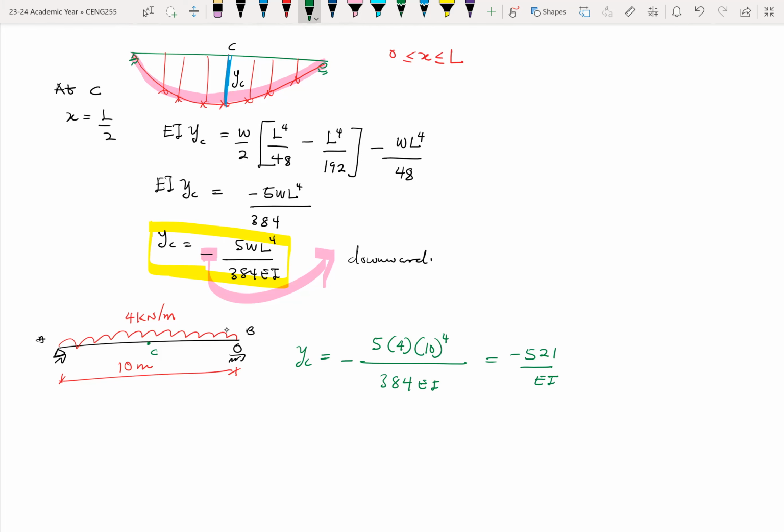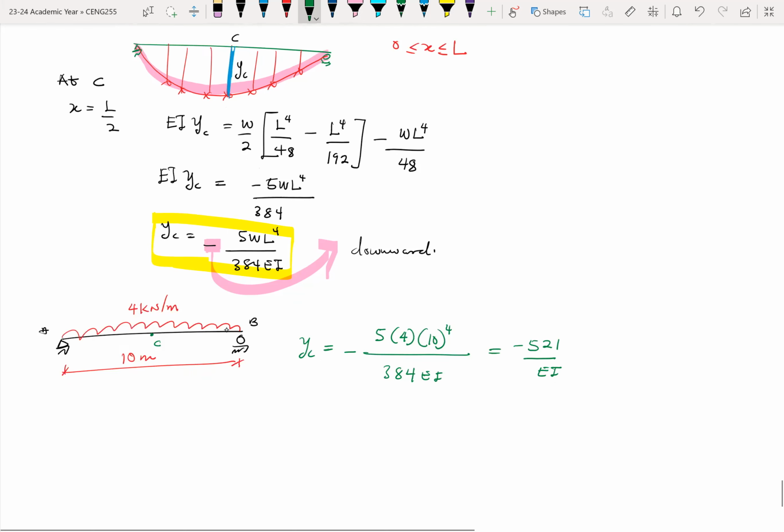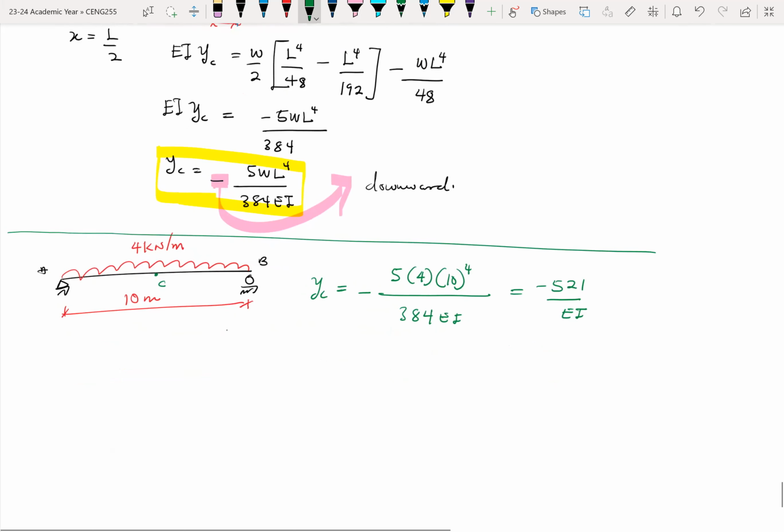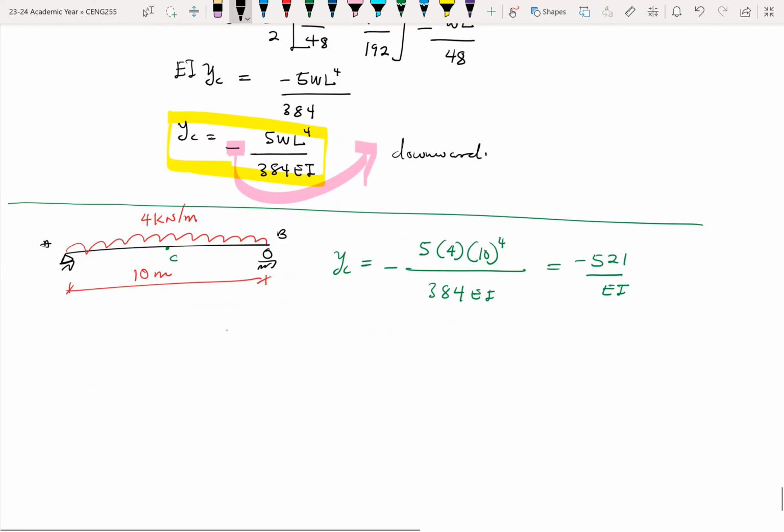Okay. If you have to look at this from first principle, as I did earlier, we can find our VA and our VB. I'll leave that for us to look at. So our VA will be 20 kilonewtons, and our VB will also be 20 kilonewtons.